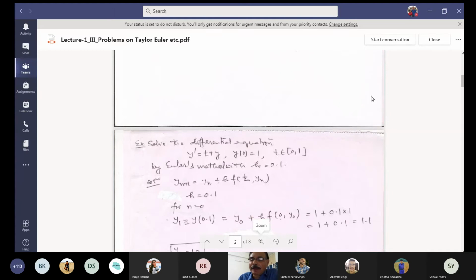Why is it happening? Whether you expect a better result in your midpoint method than your Euler here? First, you answer my question.